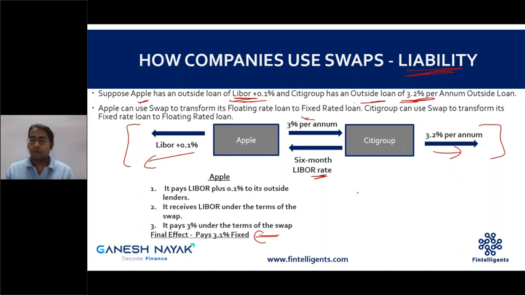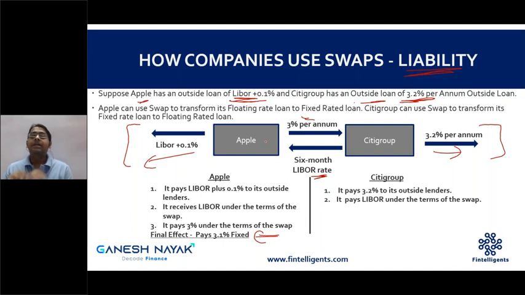Okay, so if I look at Citigroup, Citigroup also has 3 payments. The first payment is Citigroup is paying 3.2% out to its outside lender. Second payment is that Citigroup is paying 6-monthly LIBOR to Apple. And third payment is Citigroup is receiving 3% per annum from Apple.